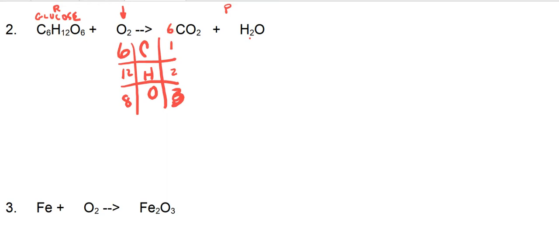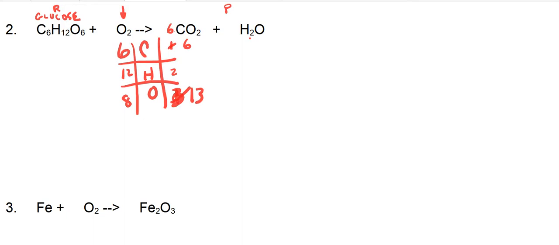So now we have 6 pieces of carbon, and we have 6 times 2 for the oxygen is 12, plus 1 more is 13. So we have 13. 6 times 2 plus 1 more is 13.